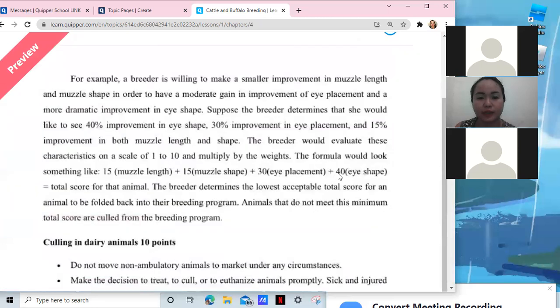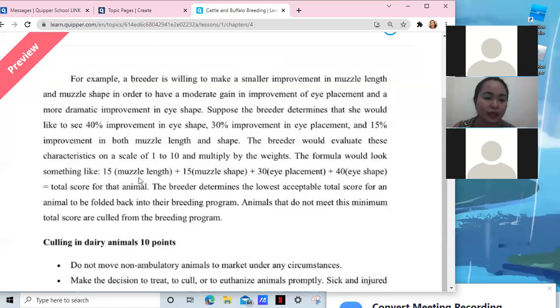So for example, if they are willing to make a smaller improvement sa kanyang muzzle length or shape, and moderate gain in improvement sa eye placement, and more dramatic improvement in the eye shape, so their breeder will determine if 40% ba siya, or 30%, or 15%. Then he evaluates from 1 to 10, and then computes the formula like that.